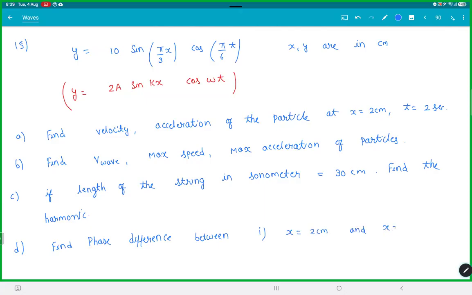So there are two particles at 2 centimeters and 2.5 centimeters. What is the phase difference between them? And x is equal to 2 centimeters and x is equal to 3.5 centimeters. There, I gave you 4 questions. Yeah, this covers a lot.